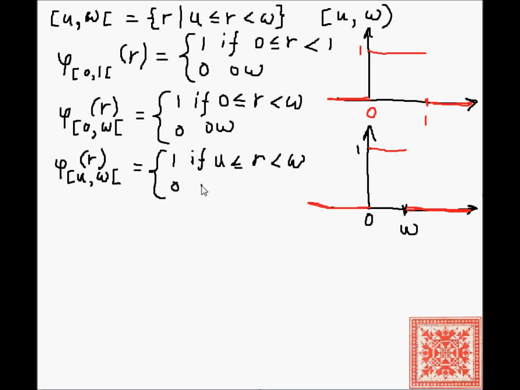Okay, so we can draw this graphically. This is u, this is w. So we're at 1 from u included to w excluded, and then 0 everywhere else.